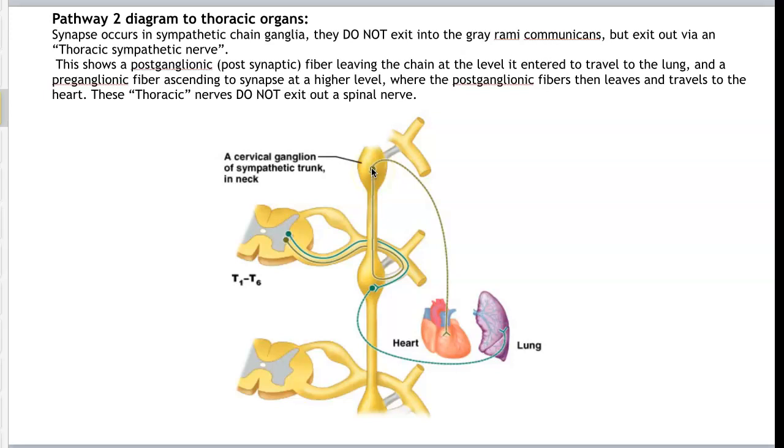The postganglionic axon will leave, and it will go to our target organs through the thoracic sympathetic nerves and take us to either the heart or the lungs and release norepinephrine.